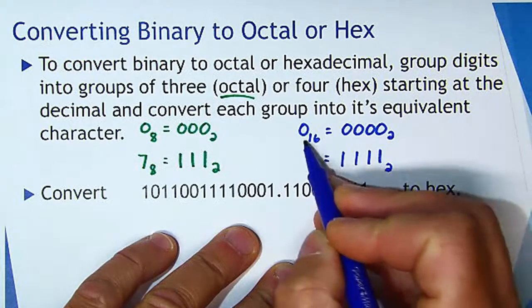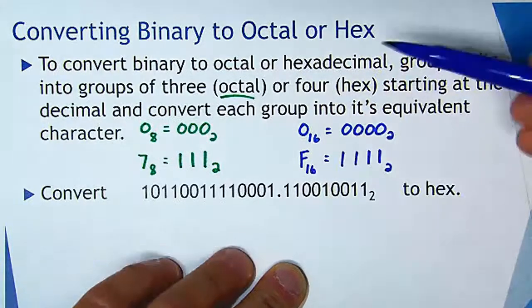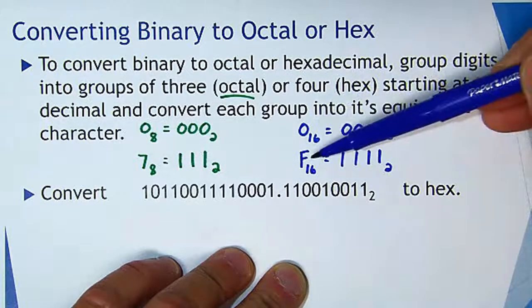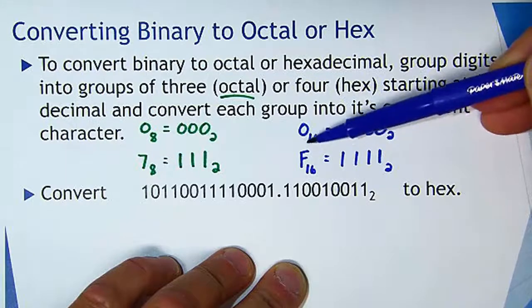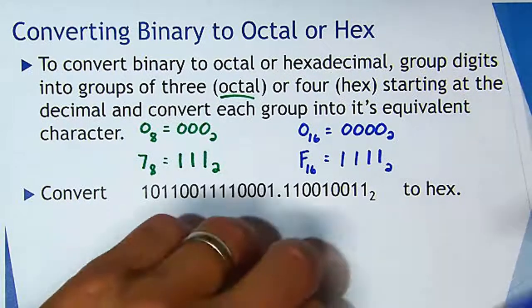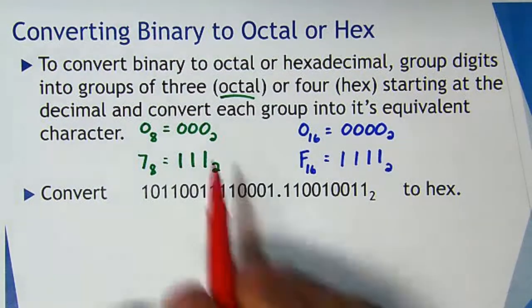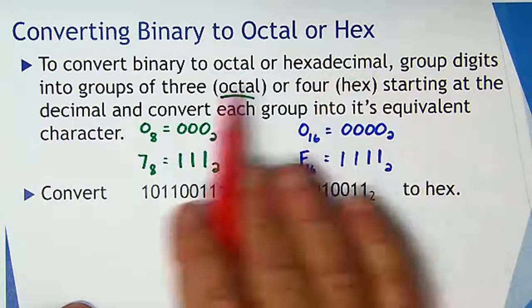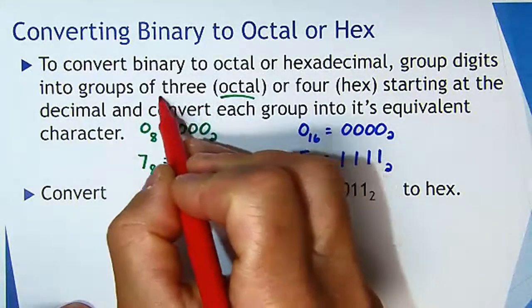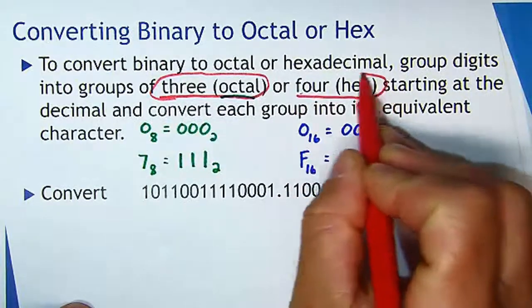And 15 in hex is F. So it's the same idea. The largest value we can have with 1 digit in hex is F, and the largest value we can have in 4 digits of binary is 1111. That means this. To convert binary to octal or hex, we just group the digits either in groups of 3 if we're going to octal, or groups of 4 if we're going to hex.